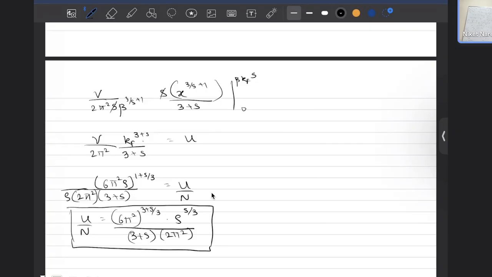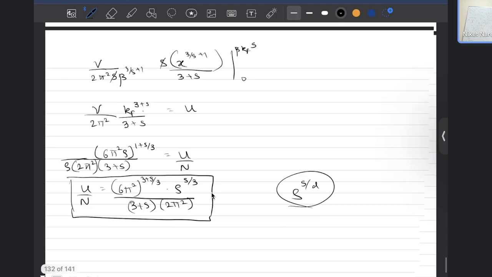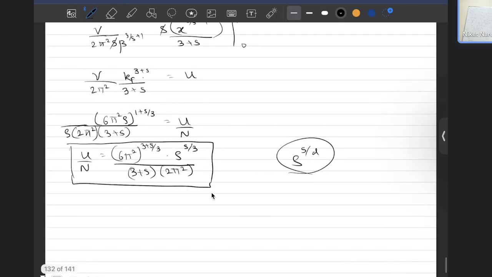Rho power s by 3. This is most likely going to be rho power s by d itself for a general dimension, but I would prefer not to speculate.